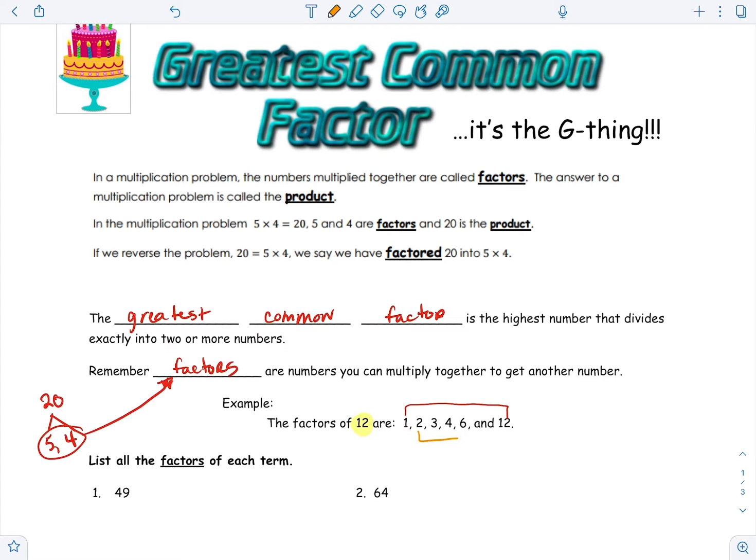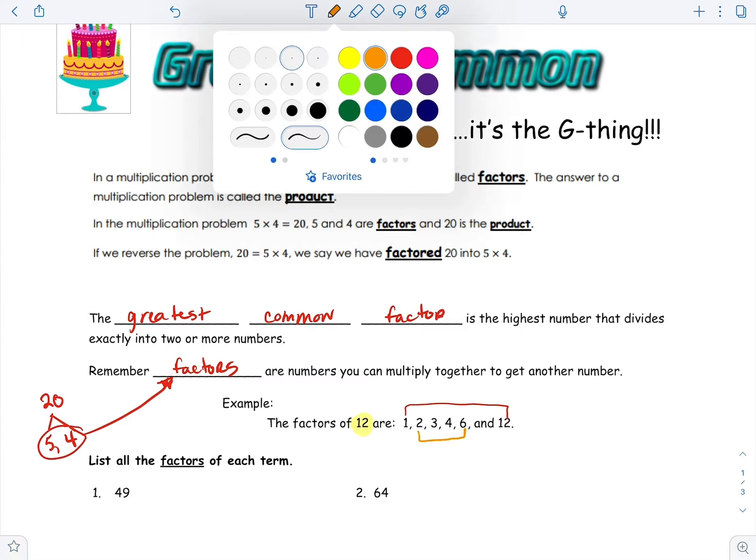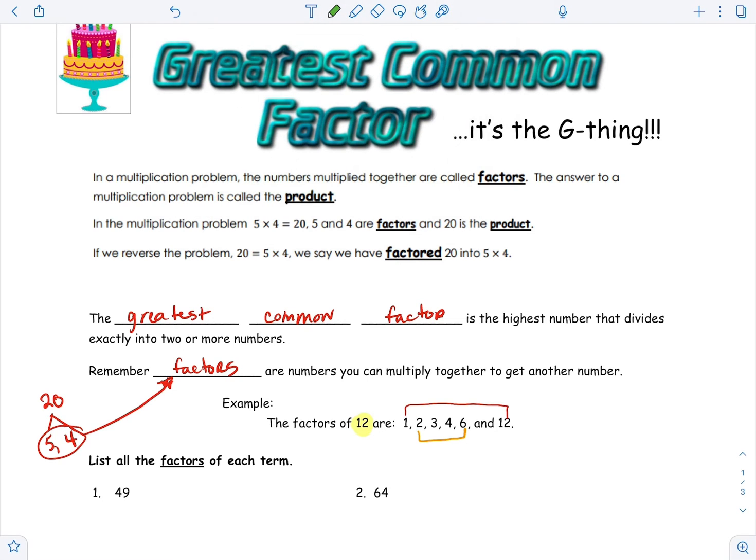If you take 2 and multiply it by 6, you get 12. And if you take 3 and multiply it by 4, you get 12. So what we've just done is list all the factors of 12. We just didn't group the factors together, because we went from least to greatest. But these all are factors of 12.